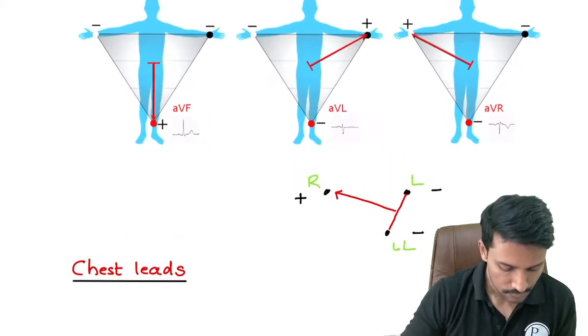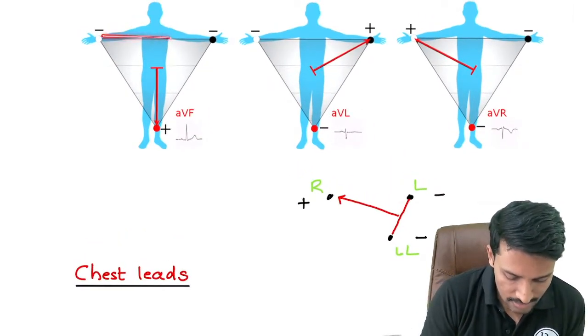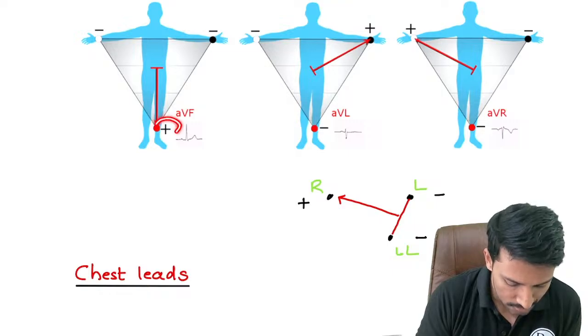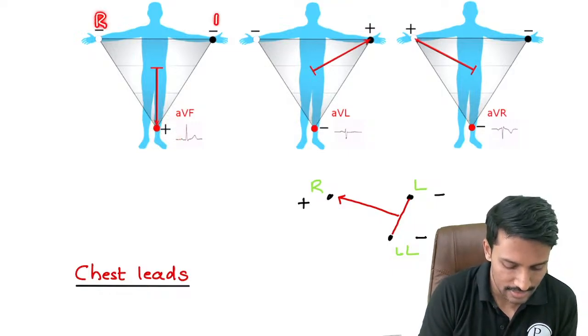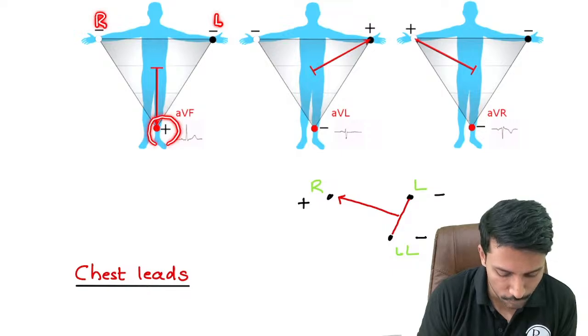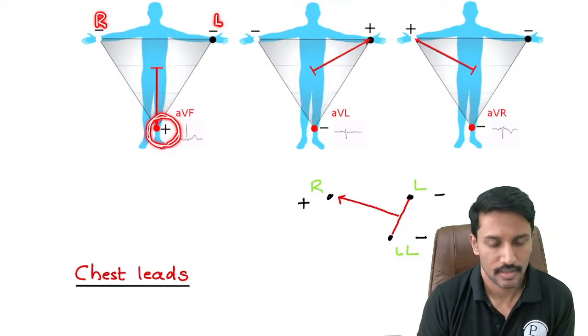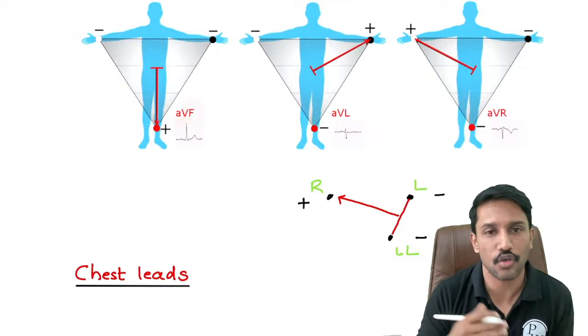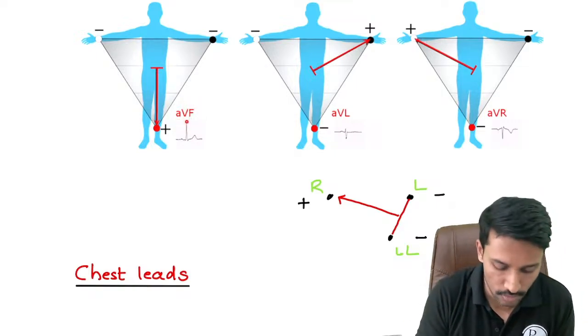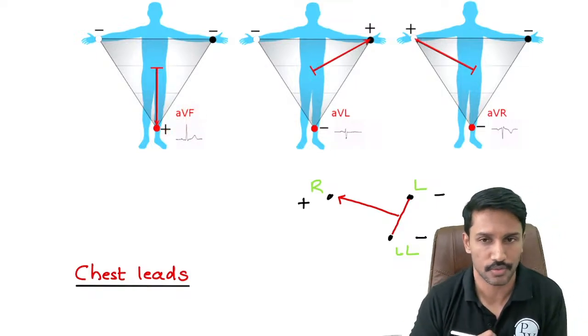If I'm using the foot as the positive electrode, with the right arm and left arm negative and the left foot positive, then I will call it AVF. Why is it F? F is for the foot. The foot is the positive electrode.